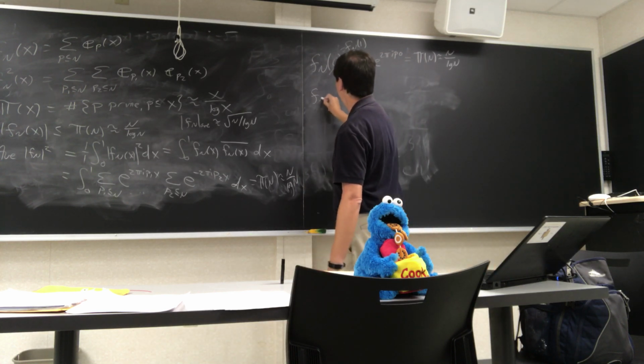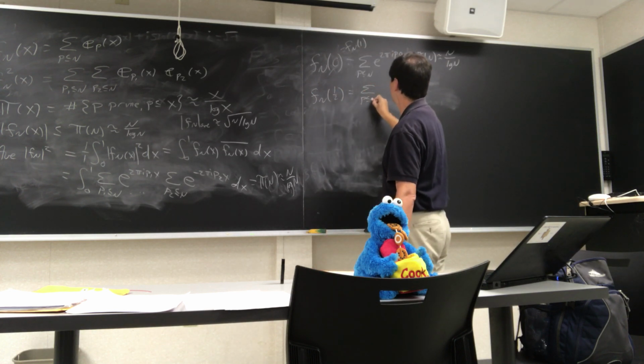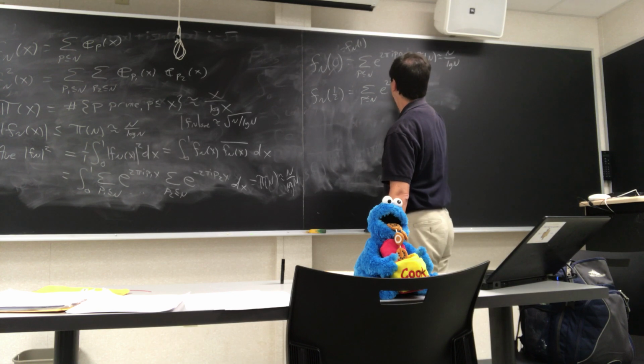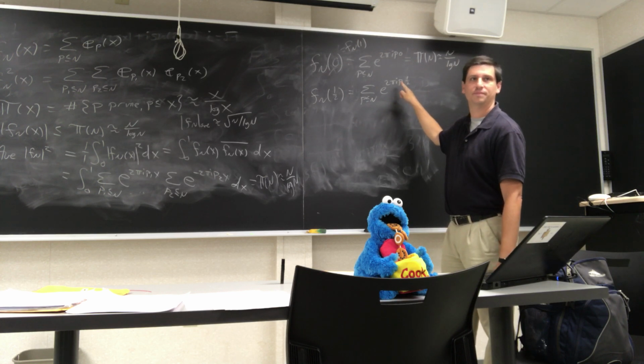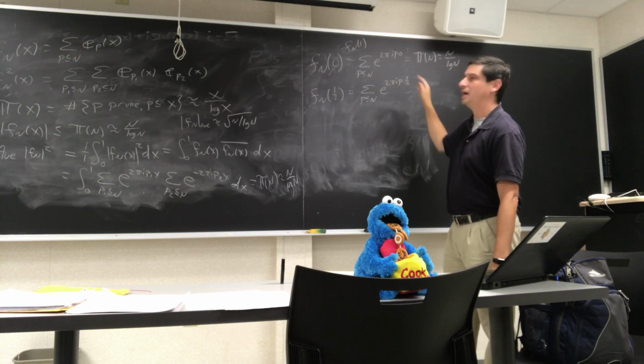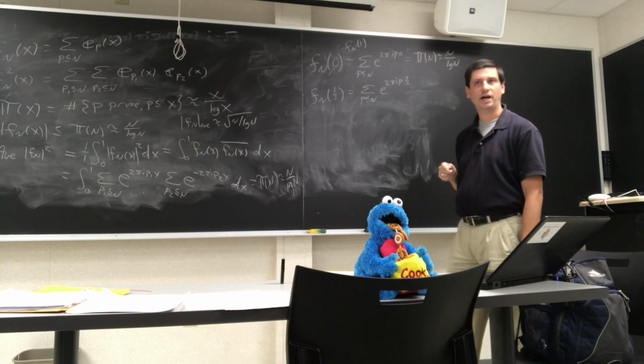So if we do F_n(1/2), we now get the sum over p less than or equal to n of e^(2πi p times 1/2). Well, if p is the even prime, then we would get e^(πi times 2), that's going to be e^(2πi), which is 1.